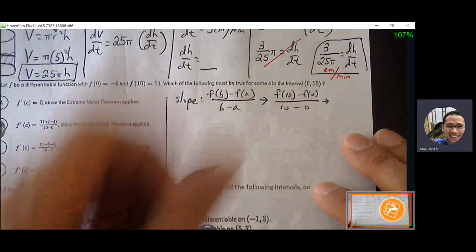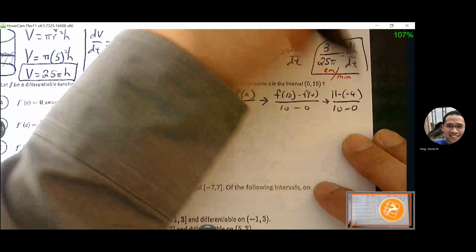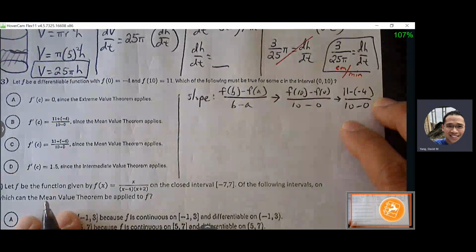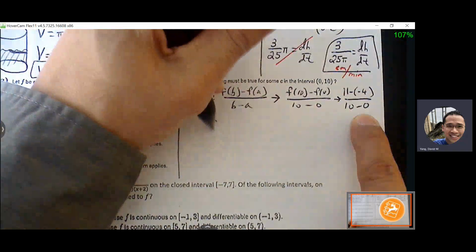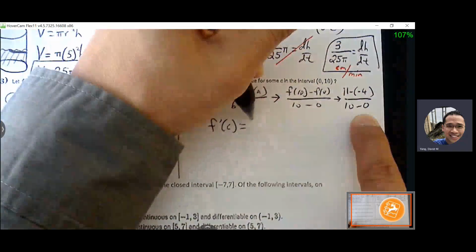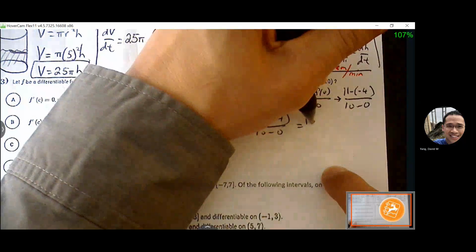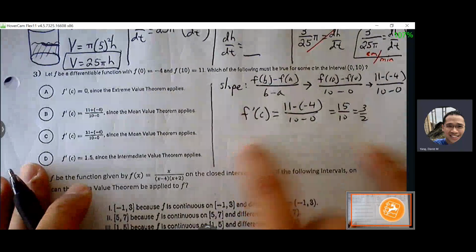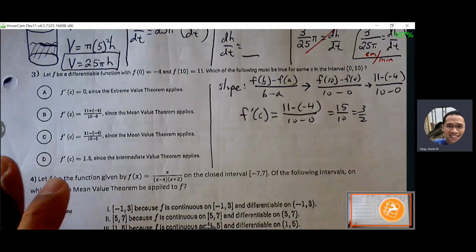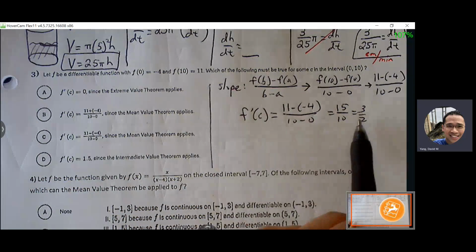So 11 minus -4 ends up giving us 15 over 10. So whatever the slope is, it's got to be guaranteed somewhere on the curve. So I know by mean value theorem, this must be true. Okay, so this is a guarantee here. So we know that the slope between the endpoints is 1.5. And somewhere along this curve, there must be a steepness on the curve that's exactly matching 1.5.